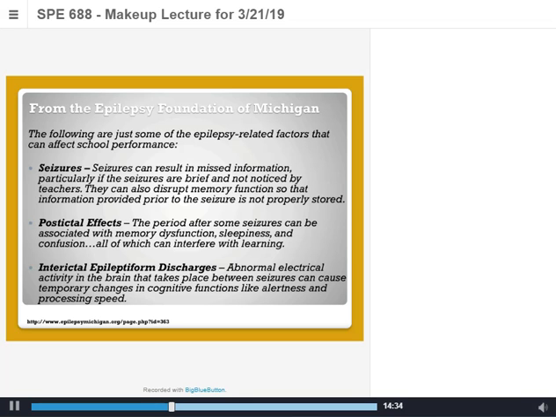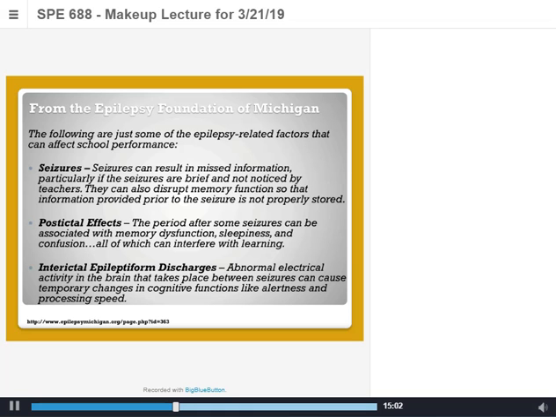That can also disrupt memory function, so that sometimes even the information provided just prior to a seizure doesn't make its way into short-term memory, and therefore never makes its way into long-term memory, and the student has no recollection of it. So not only the period after the seizure can be important, but also the period before the seizure and obviously during the seizure.